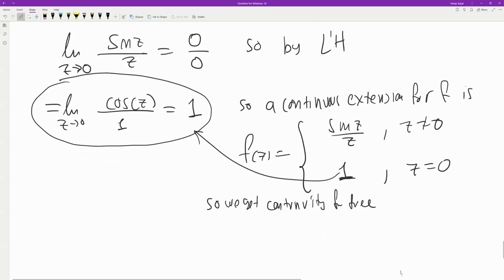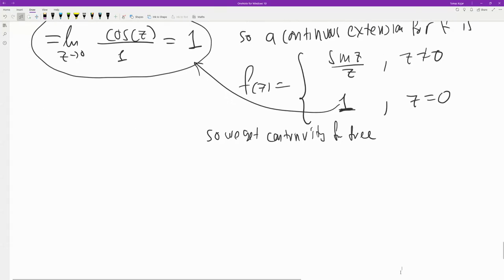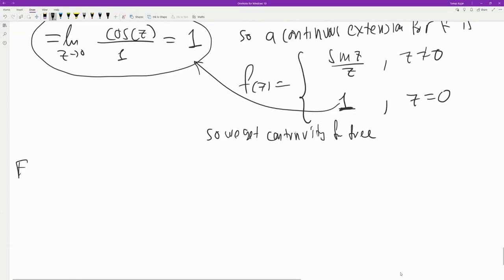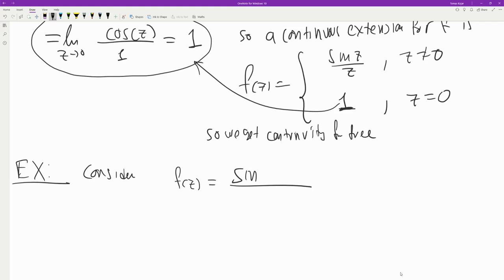Okay. All right, now let's do an example where we have neither continuity nor existence. Consider f of z equal to sine of the absolute value of z over z.